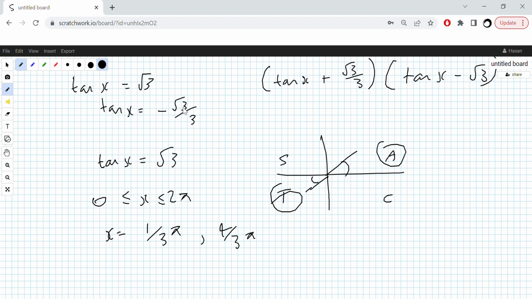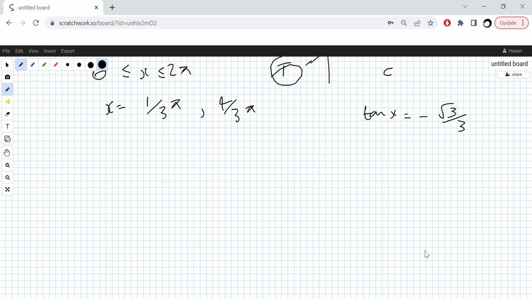We need to remember we have this one as well, tan x equals minus root 3 over 3. Using our CAST diagram, as it's tan but it's negative, we're going to have to find this region and this region. So when we do the inverse tan of minus root 3 over 3, we will get minus a sixth pi, which is the same as a sixth pi. That's this region, but we don't want this region.